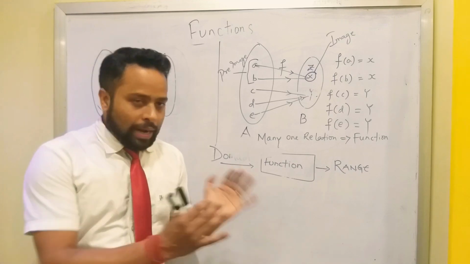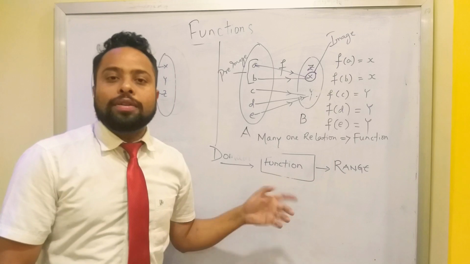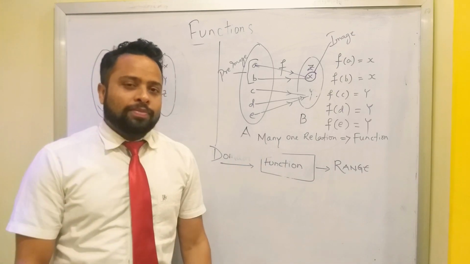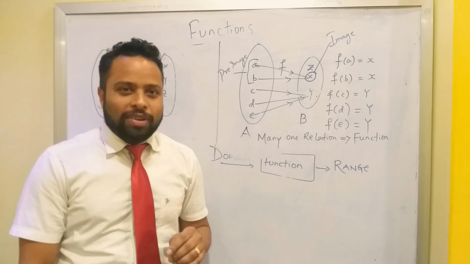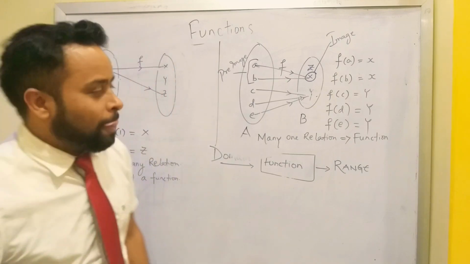So that is why that particular machine which is giving us the output is not reliable, so it is not a function. Quote unquote, I can ask you right now whether your relation is functioning or not, question mark. Okay, you can compare from here.